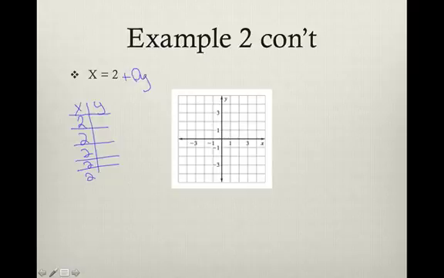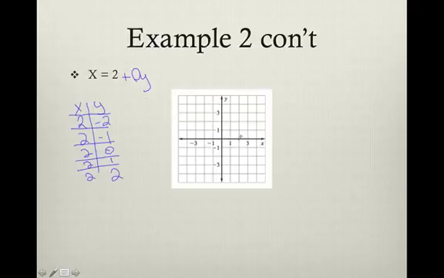Well, could you plug in a -2? Well, 0 times -2 would be 0. That would be wiped out, leaving you with x is 2. Could you plug in a -1? 0 times -1 wipes it out. Yes, again, over and over and over again. Because this is a 0 here, we could wipe out whatever we plug in for y.